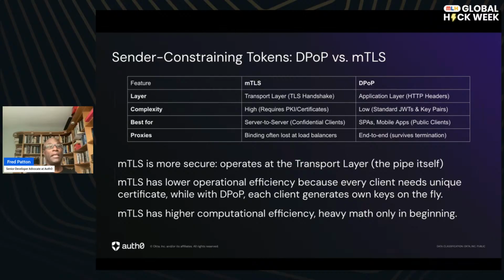So MTLS is a bit more secure because it operates at the transport layer. You can think about it as with MTLS, it's gating you at the door, whereas with DPoP, you can actually get through the door, but now they're checking you when you're at the counter.